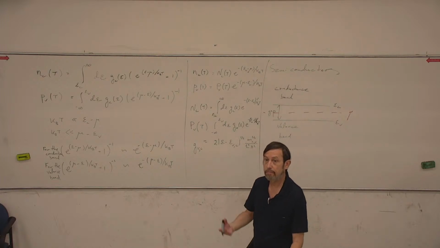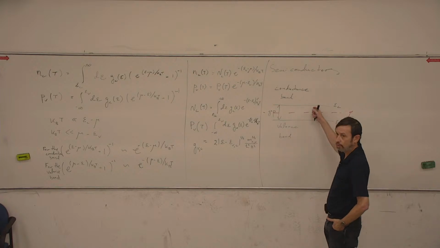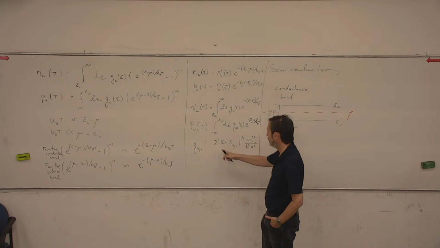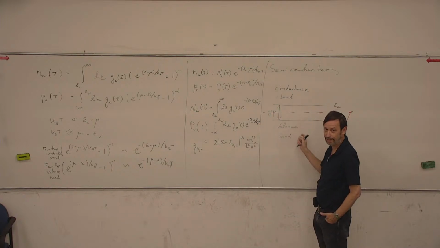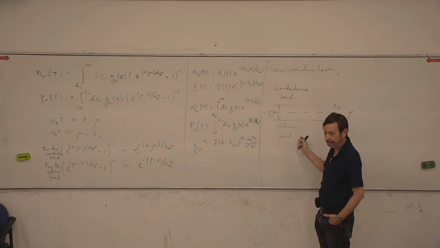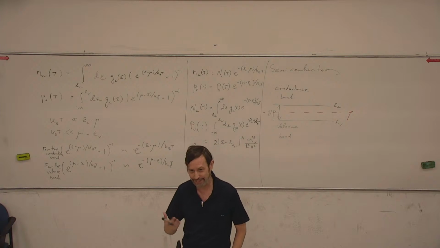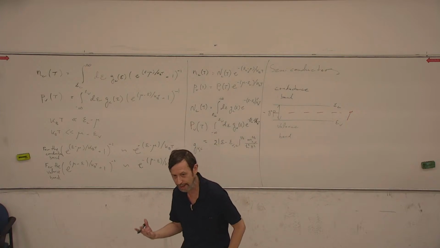Well, basically it behaves like square root of E from the point of EC or EV. I have here an absolute value because for one of them I'm going up, for the other one I'm going down. Power of half, if you remember, for any three-dimensional case, the density of states behaves like E to the power of half.